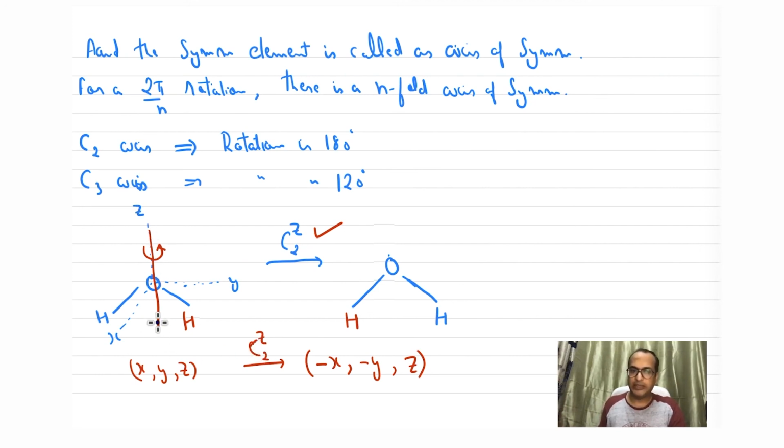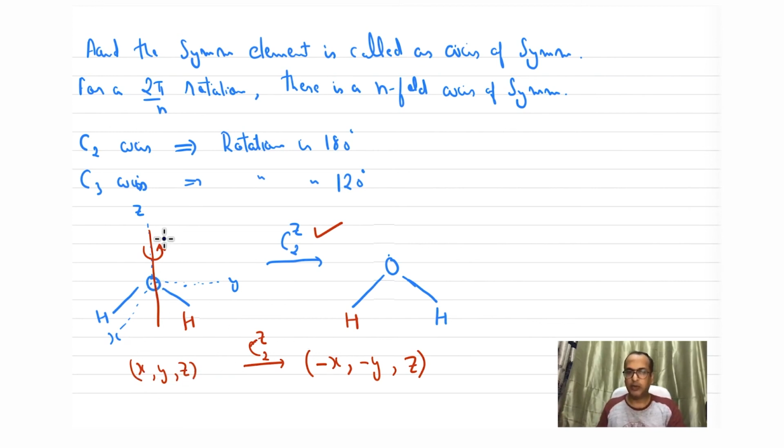So the C2 axis, as we defined, because it is a symmetry element, will not change its position. Anything lying on the C2 axis, for example the oxygen, would not change. Similarly, the Z axis would not change here.